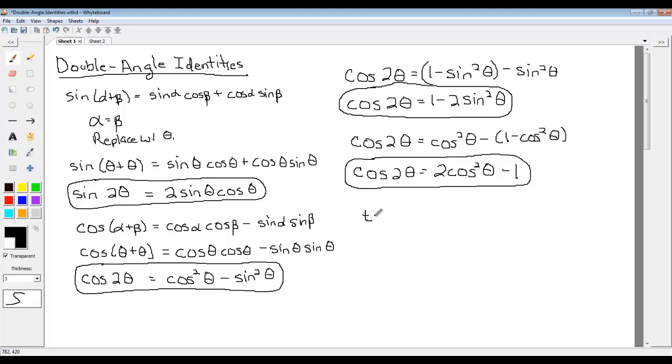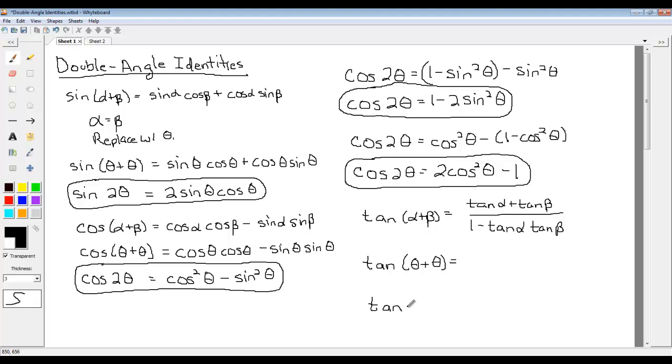Alright, and then what about tangent? We had the tangent of alpha plus beta. We knew that it was tangent alpha plus tangent beta over 1 minus tan alpha tan beta. So same idea, what if alpha equals beta? Let's replace alpha and beta with theta, to figure out what tan of 2 theta would be.